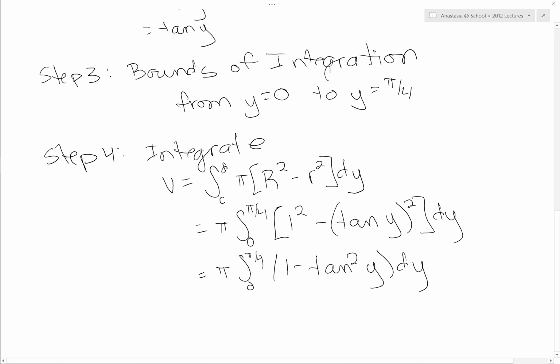Now what we have ended up with is a trig integral. So you should think about what kind of trig identities can be used here. We have an identity involving tangent squared. Specifically, tangent squared is equal to secant squared y minus 1. This is from our Pythagorean identity, which is normally written as tangent squared y plus 1 equals secant squared y.